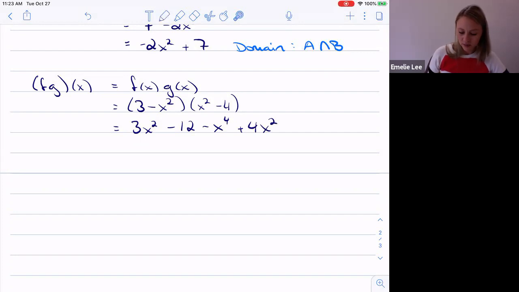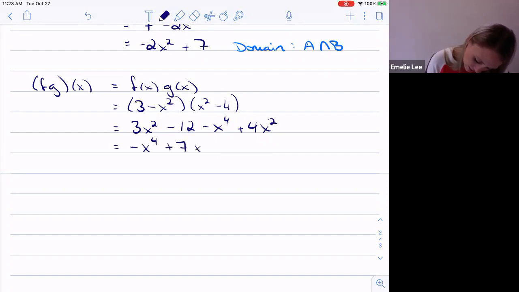So after I combine my like terms here, 3x squared plus 4x squared, I'm also going to rewrite these in decreasing powers of x. So I get negative x to the 4th plus 7x squared minus 12.